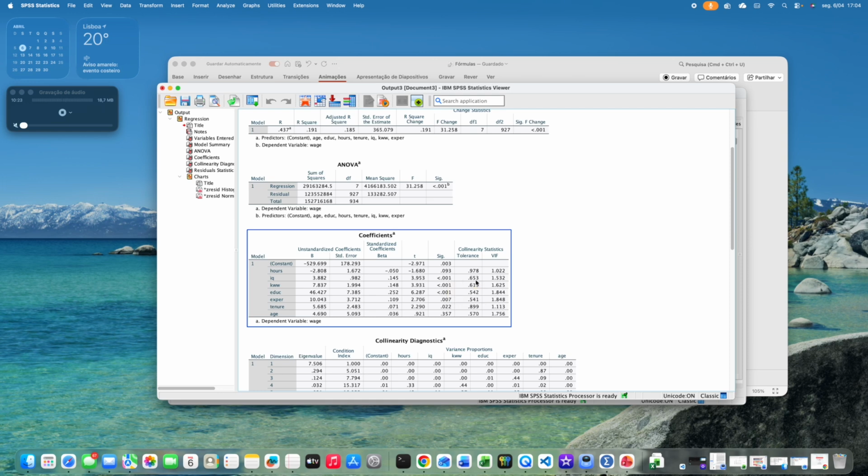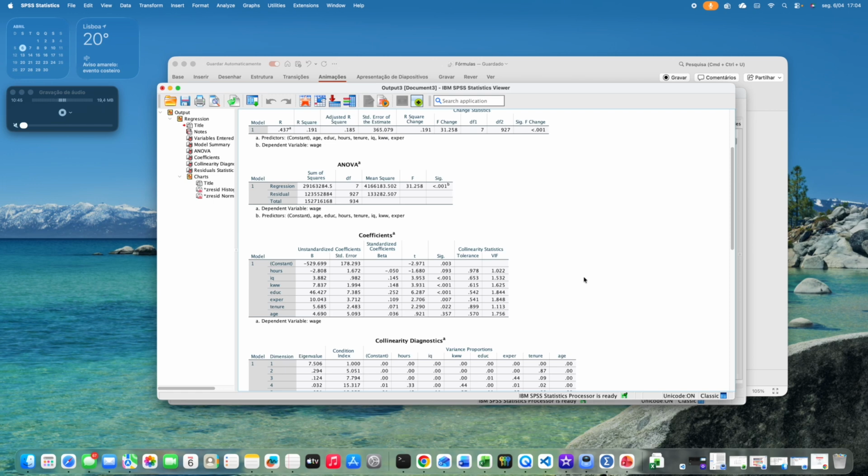Finally, we have a collinearity measure, in fact two, tolerance and VIF, but VIF is the inverse of the tolerance, and this tells us if we have collinearity present in one of the variables or in more than one.